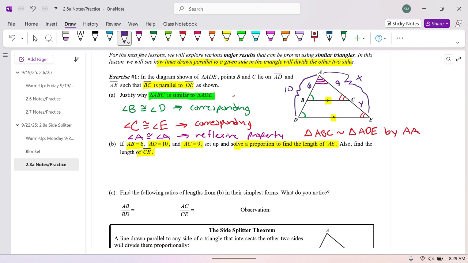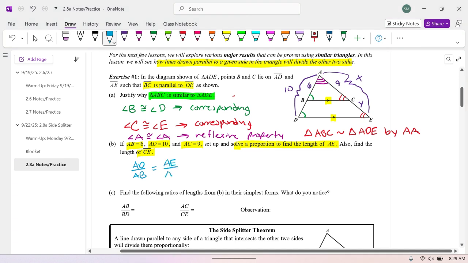It's not a full side length of one of the triangles. However, X is. Since we have 6 and 10 for AB and AD, we can figure it out for AC and AE, because those two are proportional. So AD over AB has to be equal to AE over AC.